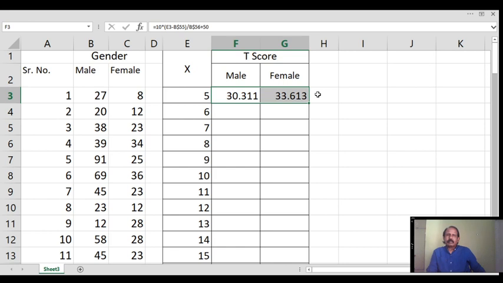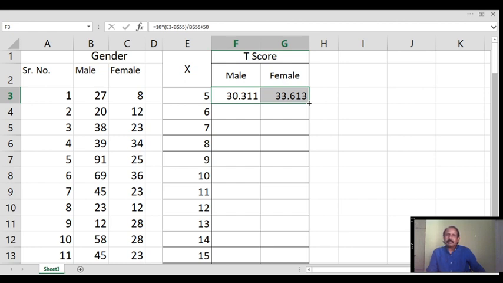Now look at the screen. I am bringing the cursor to the lower right side of the selected cell. As soon as I bring the cursor over that tiny square, the shape of the cursor will change and become a plus, and when it becomes a plus, I will click twice.